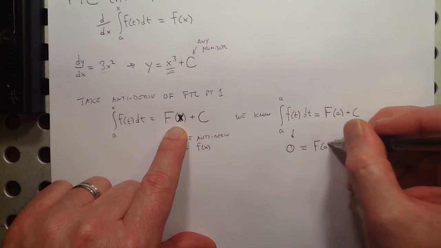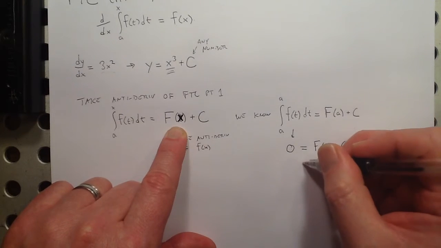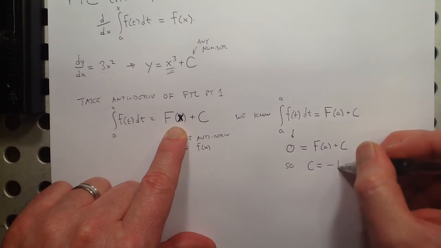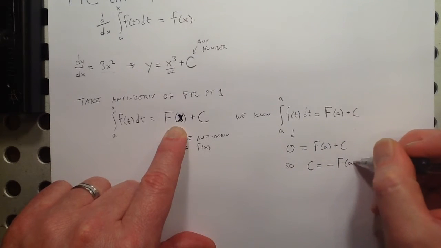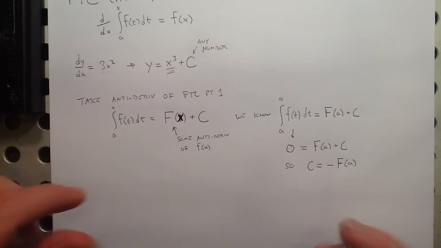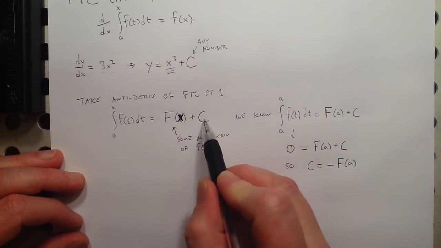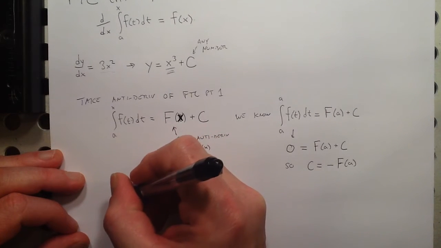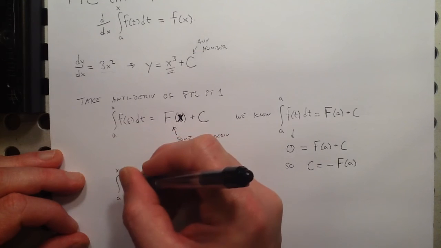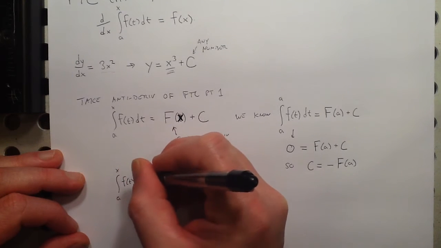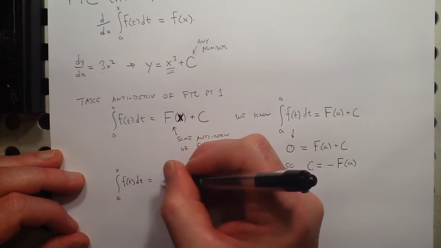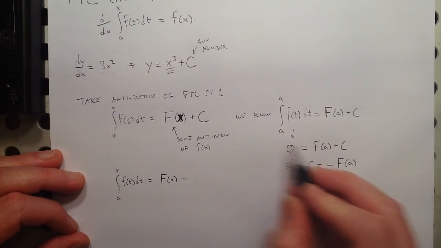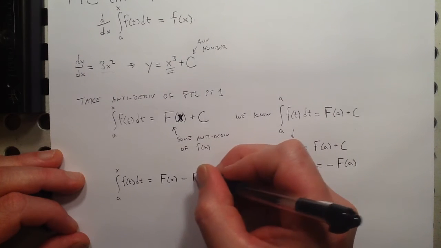So F of A plus c equals 0, so c is equal to negative big F of A, which brings me back to my function here. Now I know what the c is, so the area from A to x of f of t dt is equal to big F of x minus big F of A.